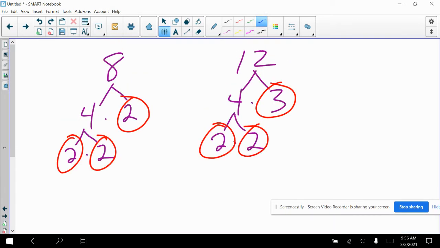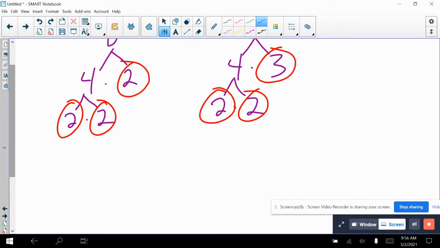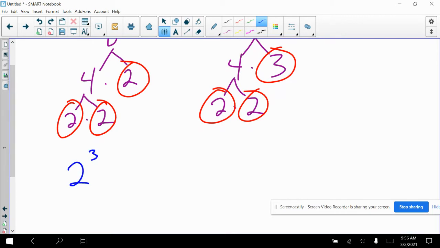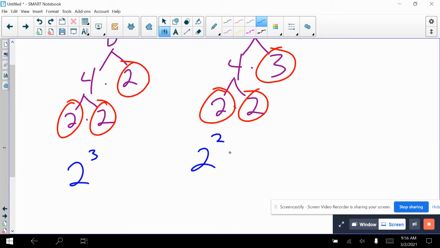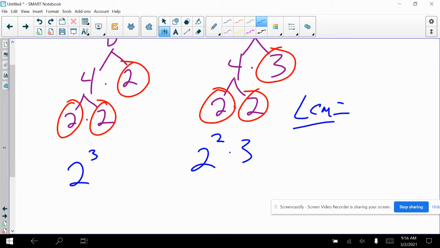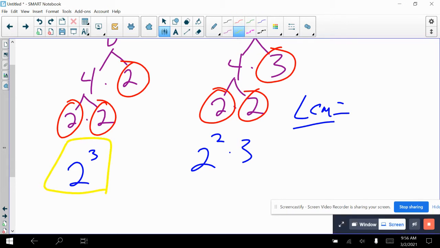So far, so good? Right. So watch this. We'll do it exponentially. So we have 2 to the third. And here we have 2 squared times 3. Okay. If you're doing it exponentially, you always take the larger exponent, which means we're taking that one.